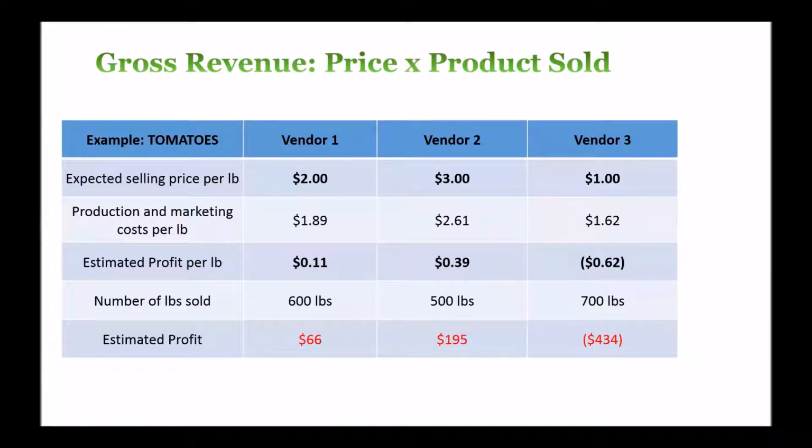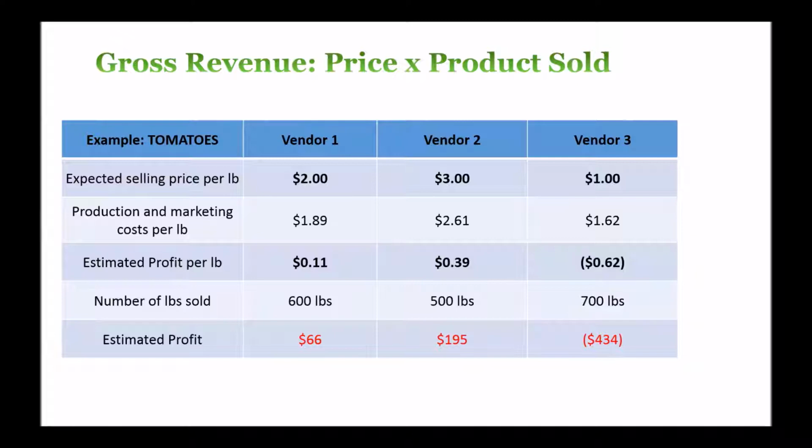Let's look at an example summarizing all concepts we presented above. We have three vendors selling tomatoes at farmers markets in this example. As we can see from this example, these three vendors have different production and marketing costs. The differences in production and marketing costs could be due, for example, to differences in production practices, varieties grown, and or marketing expenses.